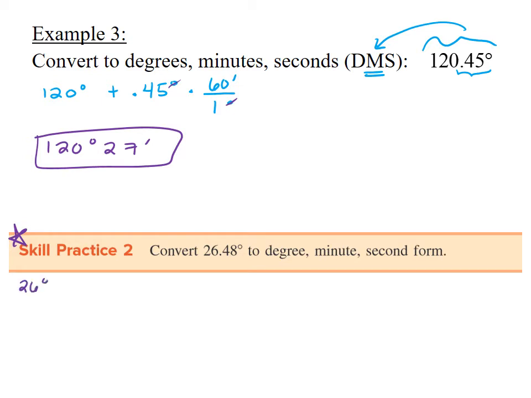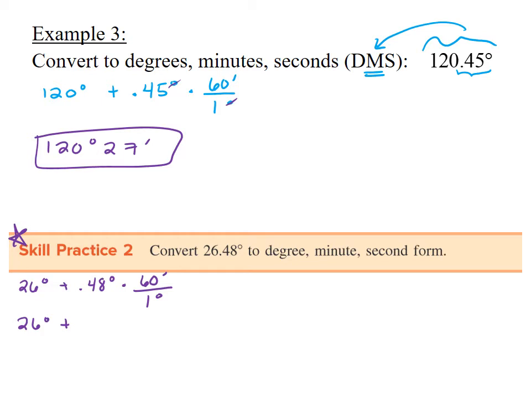We know we have 26 degrees, but I need to figure out how to convert this portion of a degree into minutes and possibly seconds. So I know that in 1 degree, there are 60 minutes. And when I make this conversion, I have 26 degrees plus this here.